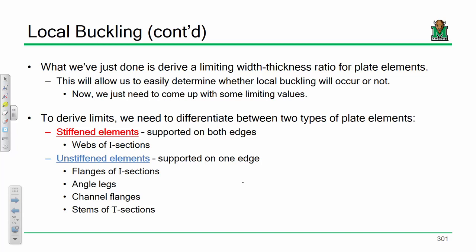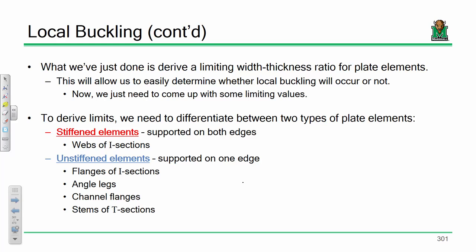Now, it's a little difficult to read, but do you notice over here on the very left of the table, if you turn the table over, does everybody see where it says unstiffened elements and stiffened elements? Does everybody see that?